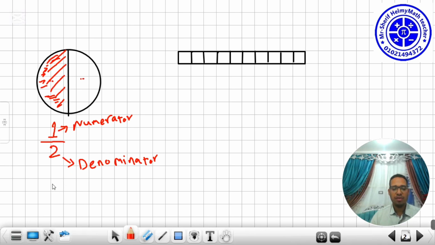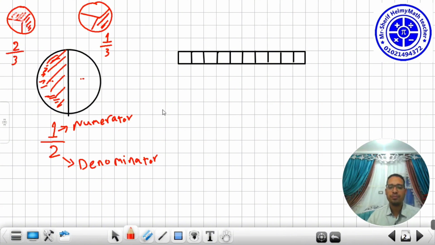We have many fractions. If you cut this pizza, for example, into 3 equal parts like this and you ate this part, that means you ate 1/3. If I colored 2 parts, it will be 2 out of 3, and so on.